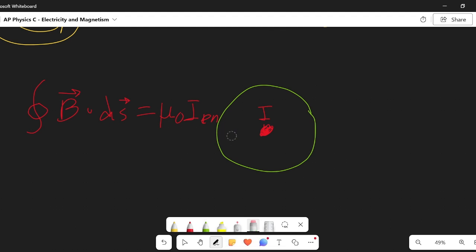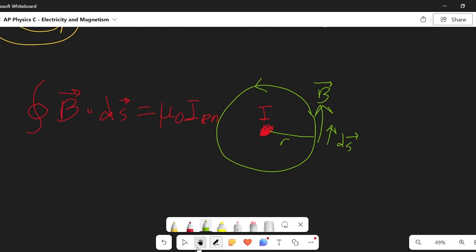And because we know that it's going counterclockwise, we are going to have the magnetic field pointed this way. And in this case, ds is also pointing this way, and this distance is r, the radius.